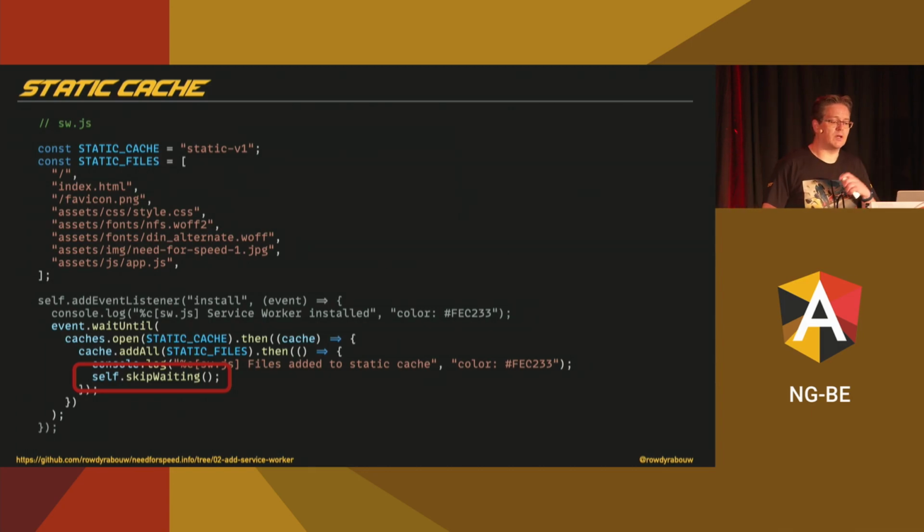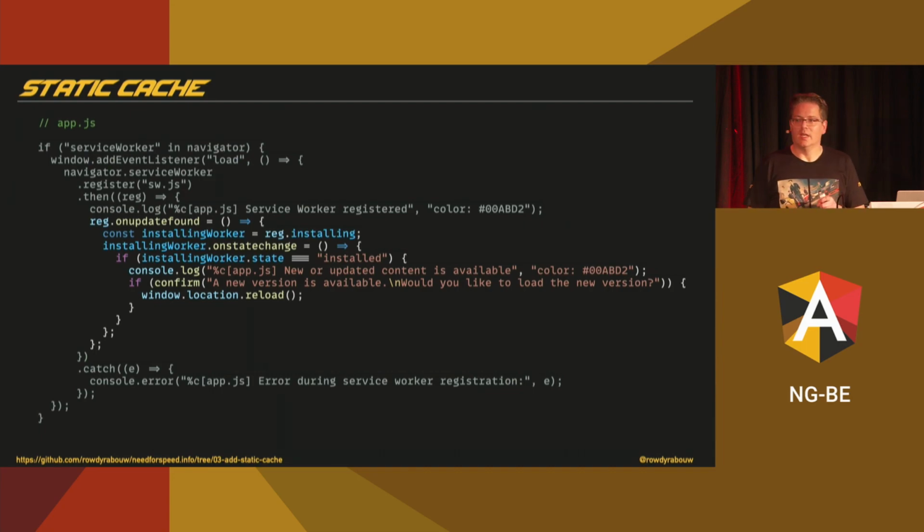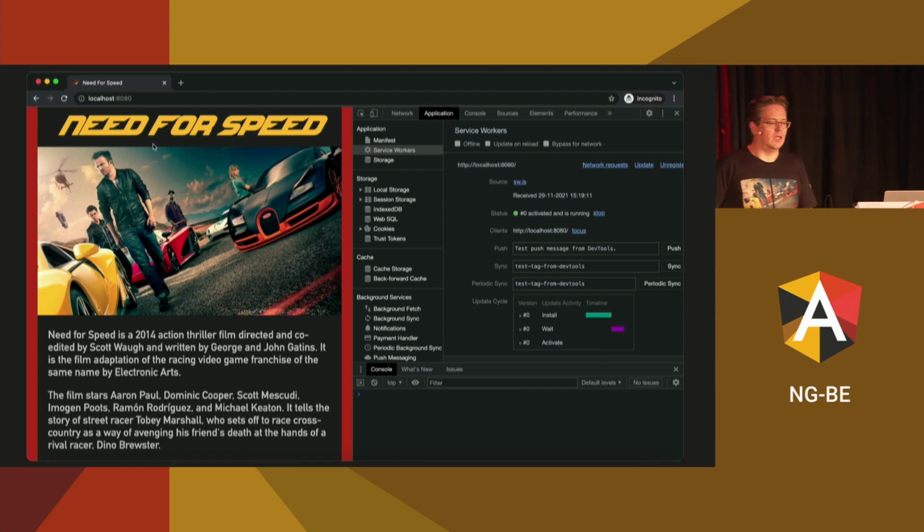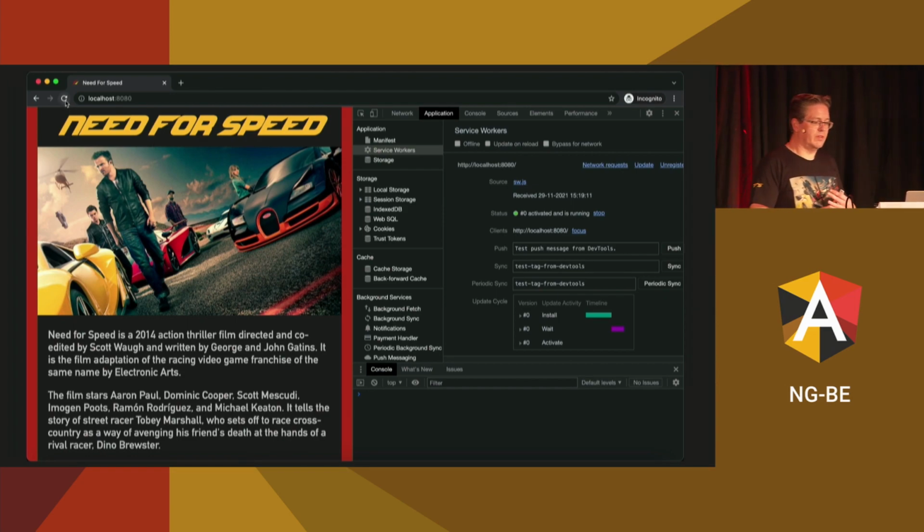With one extra step I'll show here, it's all ready for the user, but you want to make sure that the page is reloaded. So in this case, if the service worker is installed, I ask the user if they want to use the new version. And this is how it works. We refresh the page again.